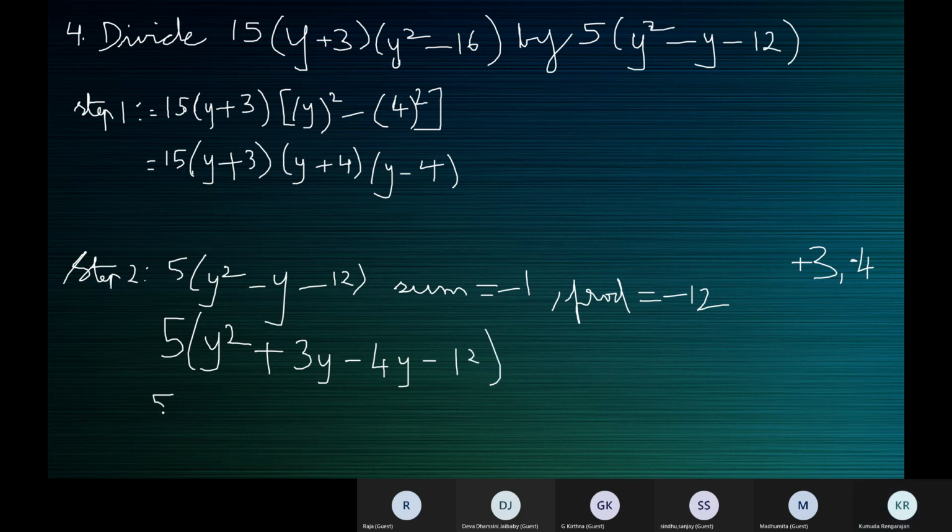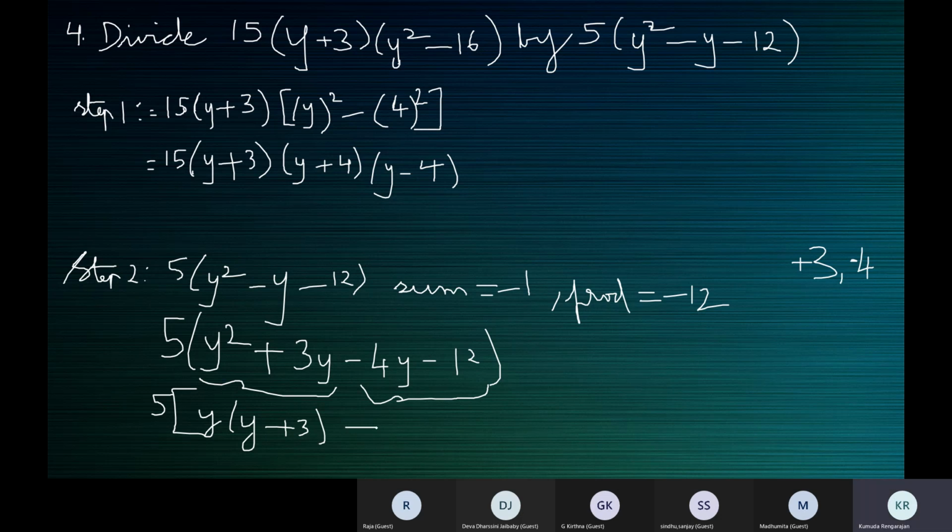Next, group these two. Y is common, y plus 3. Minus 4 is common, y plus 3.